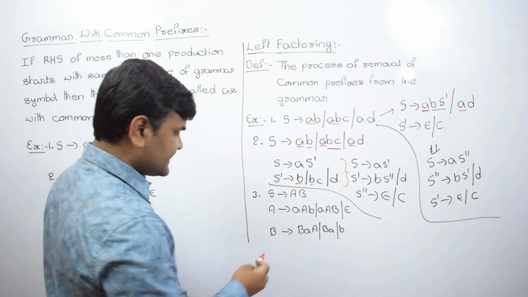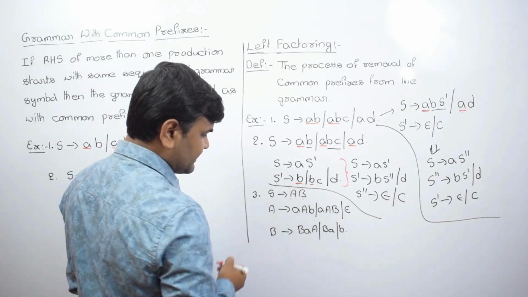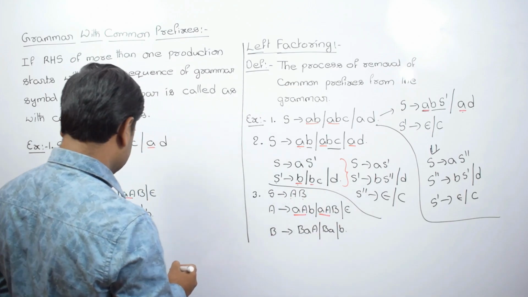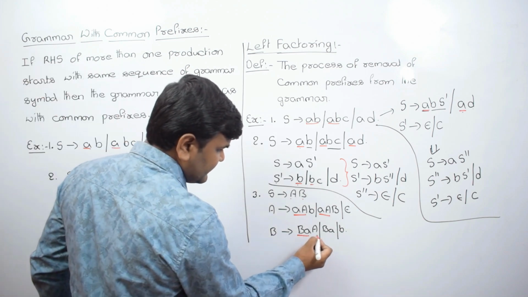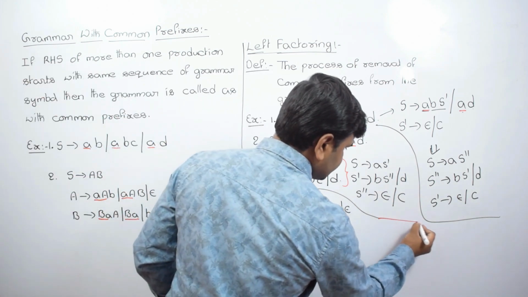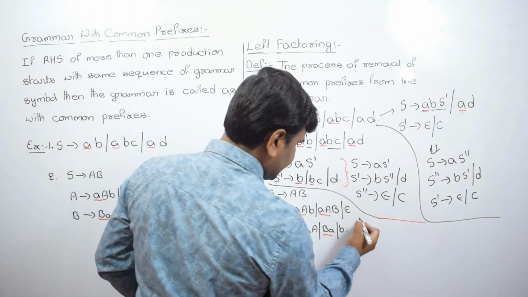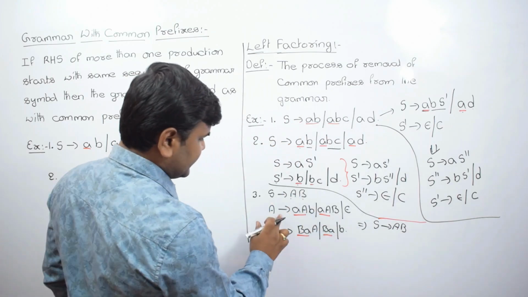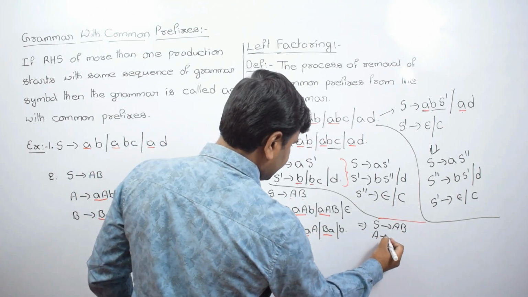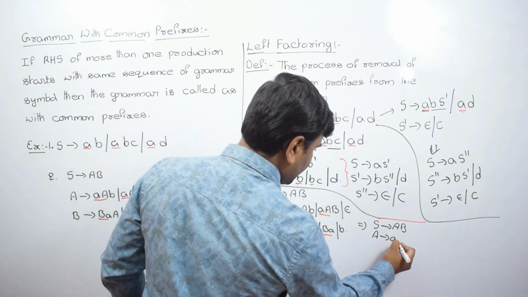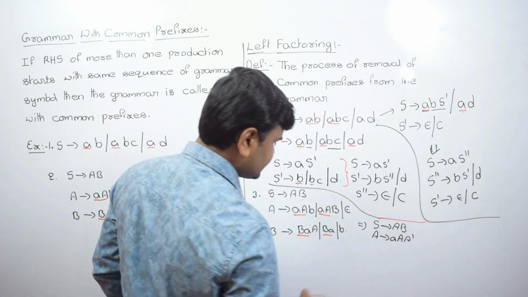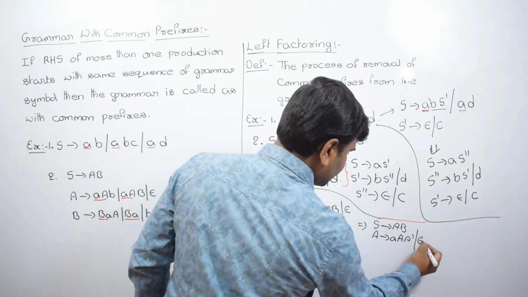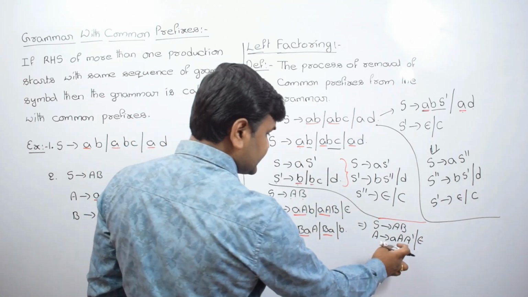Next, here there is no common prefix. Now here AA is there, and here BA is there. For this, how do you write it? S derives AB. Then A derives the common prefix small a capital A and A dash, and the non-common prefix production is epsilon. Then what is A dash?